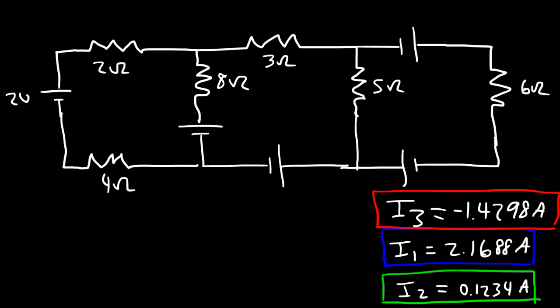And this was a 20 volt battery. Here we had a 6 volt battery, and this is an 8 volt battery, and that's a 12 volt battery, and then over here we have a 16 volt battery.